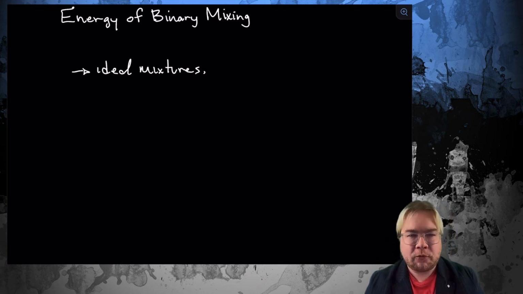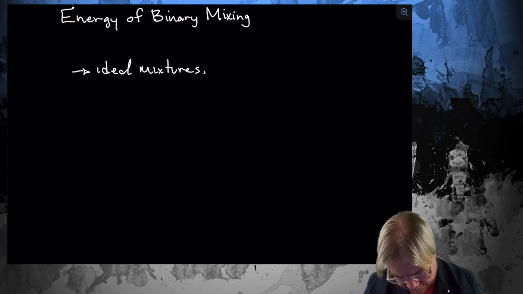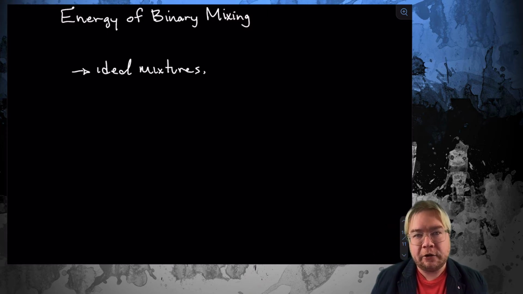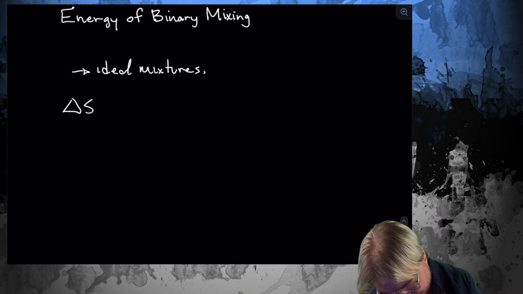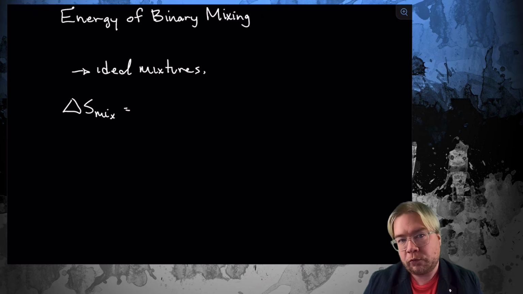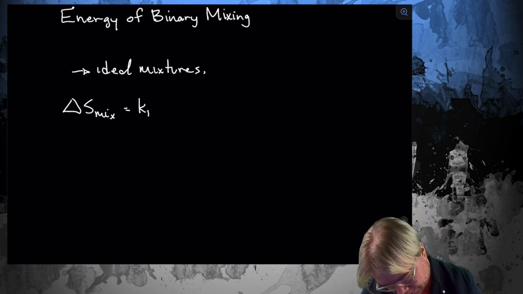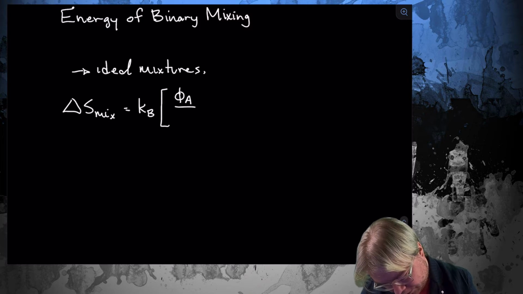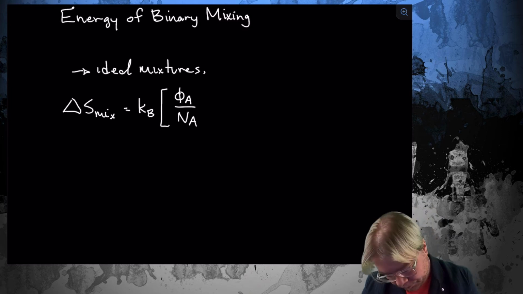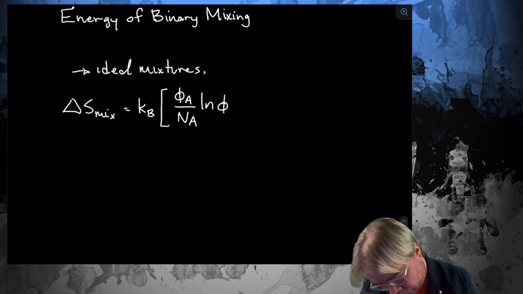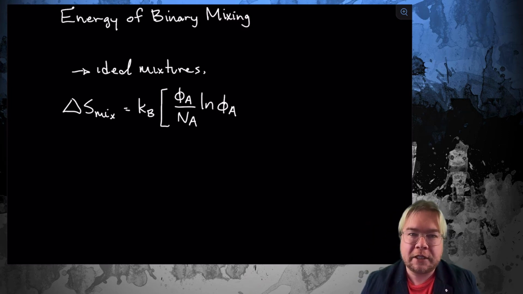And we came up with an expression that we can write two ways. We can either write the free energy or we could write the entropy. So if I was to write the entropy of mixing, then we derived that this was equal to Boltzmann's constant times the volume fraction of the A component divided by the degree of polymerization of the A component, multiplied by the natural logarithm of that volume fraction.